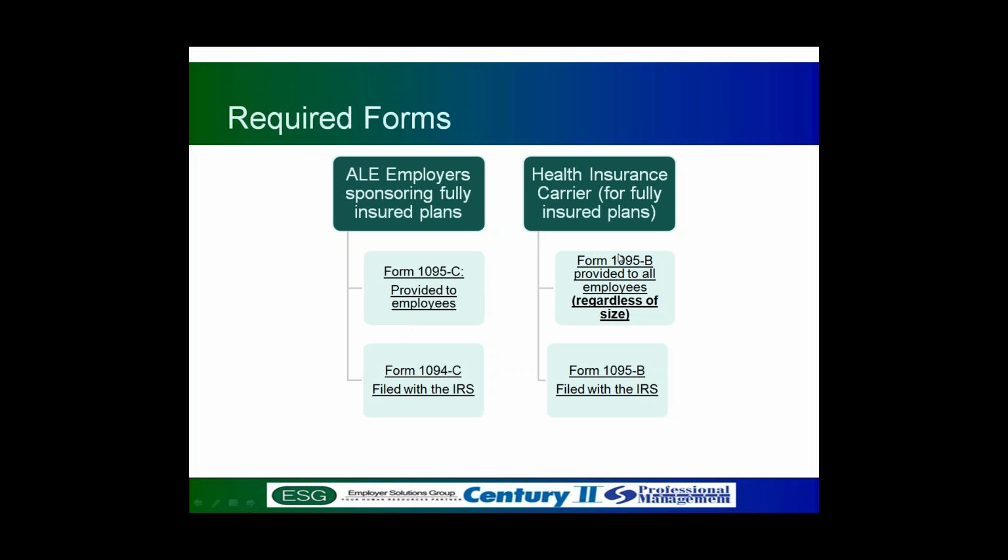Health insurance companies, like I mentioned, will be submitting a Form 1095-B to all employees that are covered on the plan. So irrespective of whether or not you're an applicable large employer, if you have a group plan in place, your employees will receive from the health insurance company a 1095-B form, and that's again what they will use when they file their taxes in 2015.